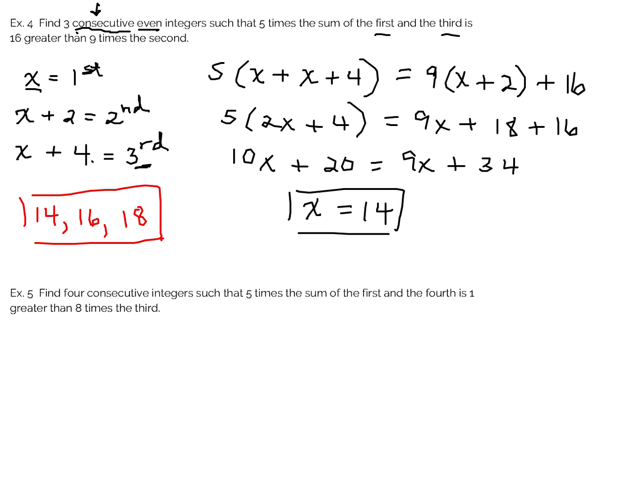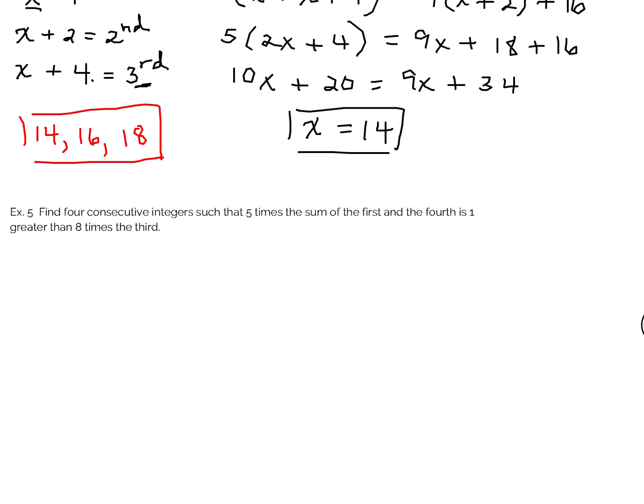All right, let's go down to the next one. This one says find 4 consecutive integers such that 5 times the sum of the first and the fourth is 1 greater than 8 times the third. Same thing, you do your heading. So x equals the first, x plus 2 equals the second. I was wrong on that.